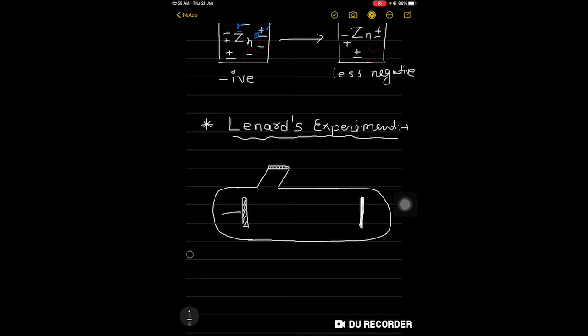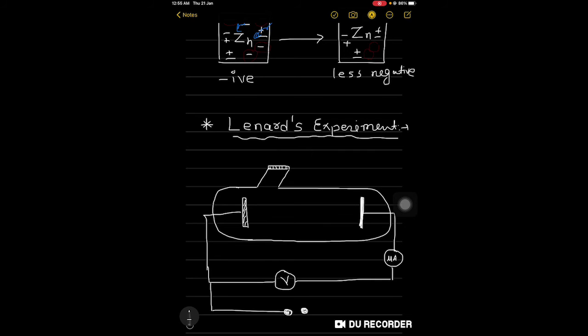Now he made this tube evacuated and connected a microampere meter with it. He also made a connection of a voltmeter in parallel to the power supply.